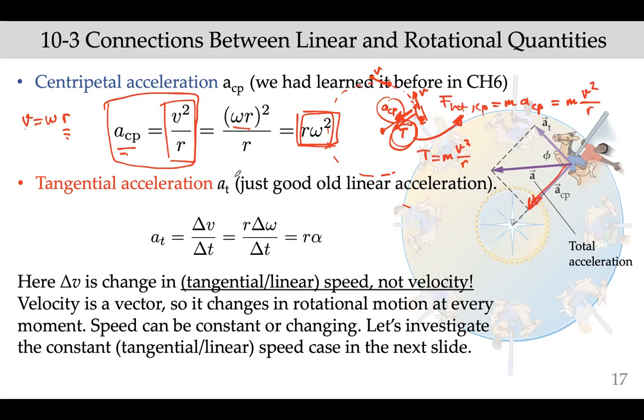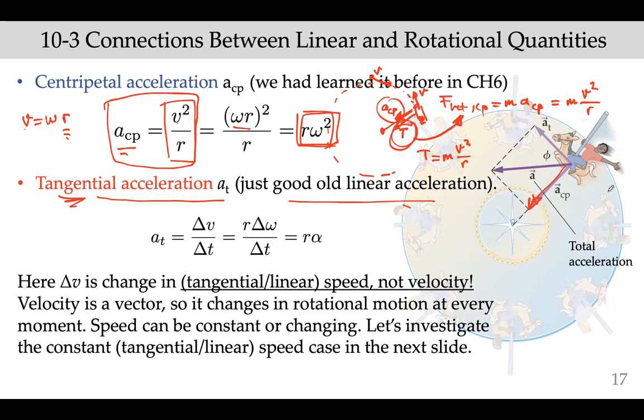Now, there's one more acceleration, called tangential acceleration. Remember, when we use the word tangential, it's just good old linear acceleration. It's about whether this toy or this whole object is accelerating in this linear direction.